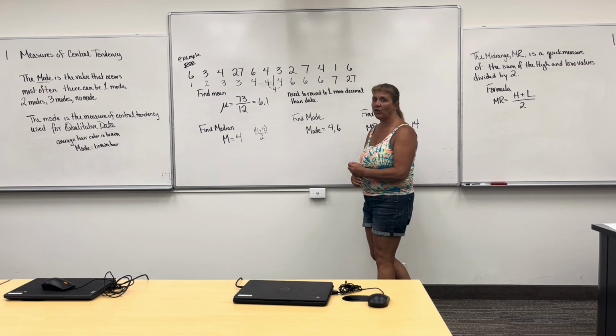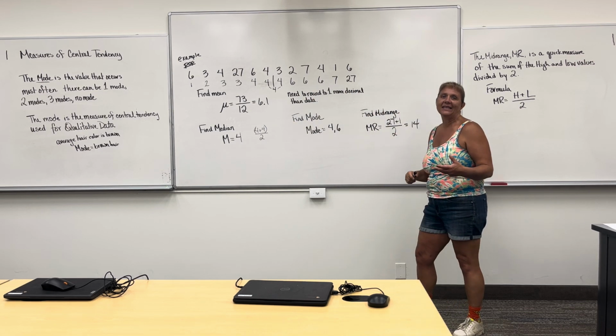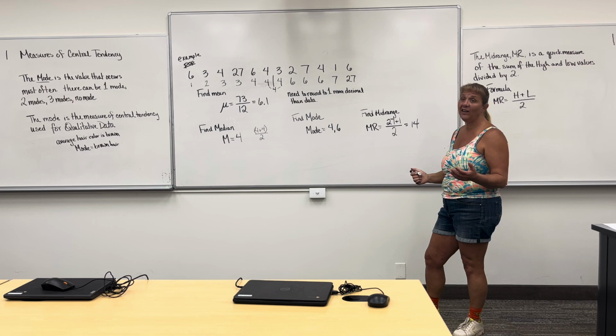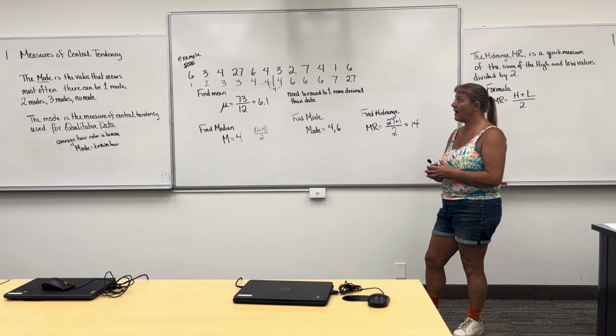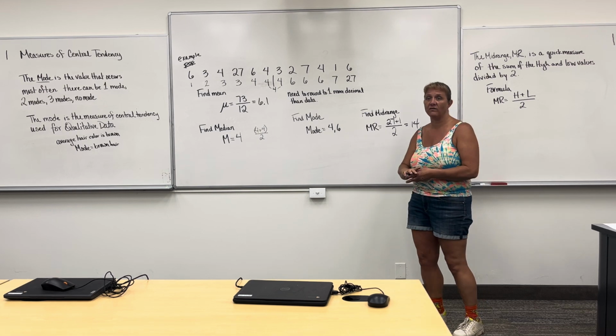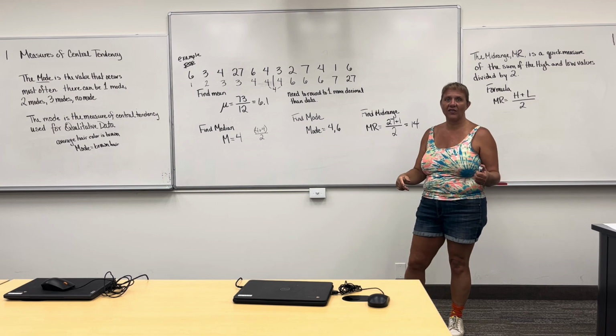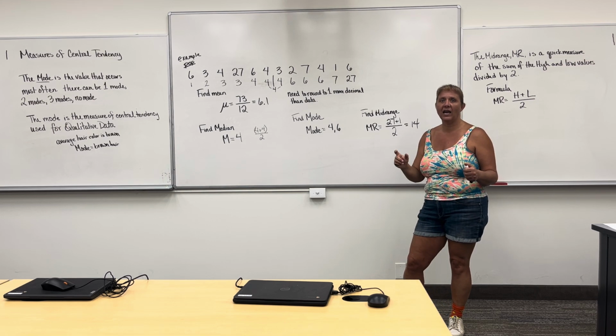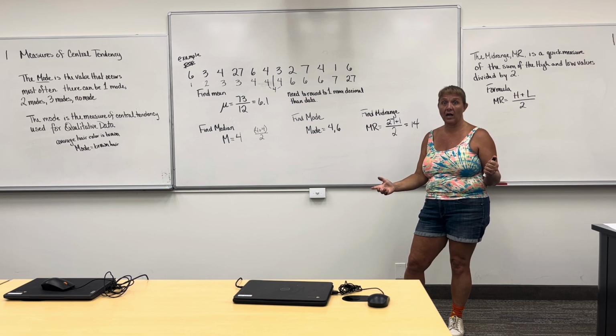And now that we have computers and calculators, it doesn't take us that long to find the mean or the median. You can find them very quickly. Even if you have a whole bunch of numbers, let's say you were given 1,000 numbers, you can cut and paste that into StatCrunch and end up with the answer really quick.